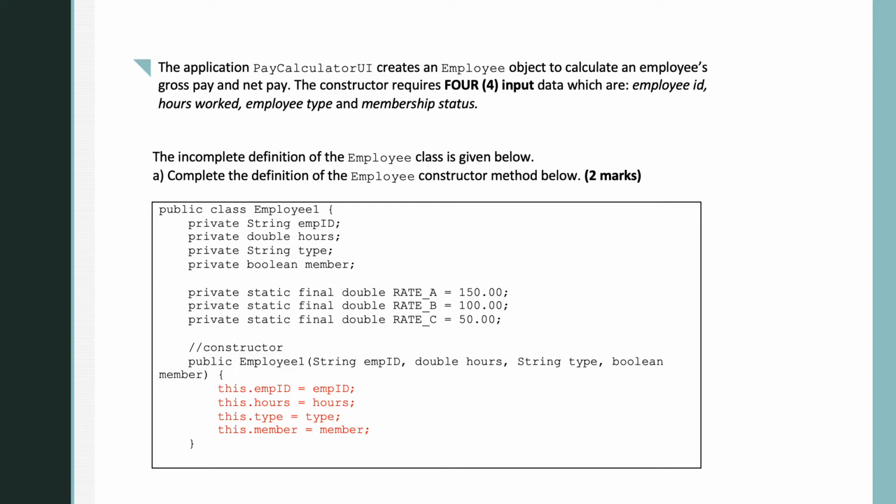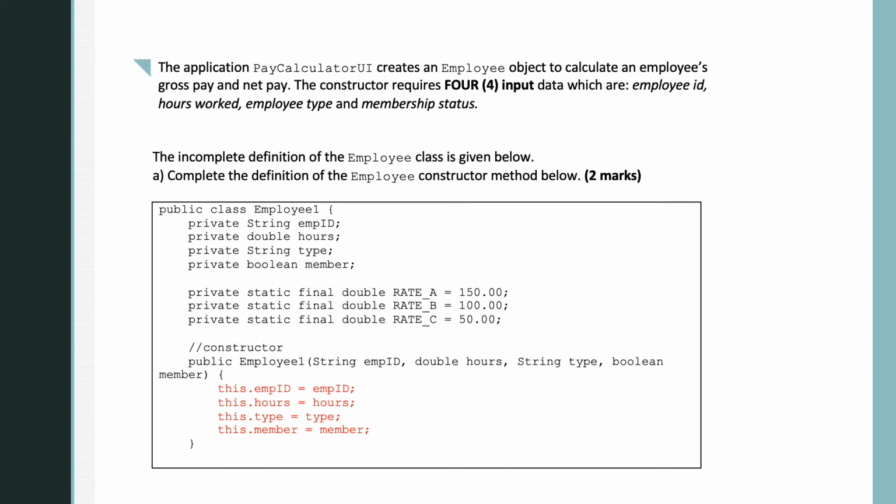The constructor has 4 inputs: public employee, string emp ID, double hours, string type, and also the boolean member. So whatever the user inputs, we want to save it inside our private variables, that is the emp ID, hours, type, and member. They are using the same name. So in our constructor, we would write straight away, this.empID equals empID, right?